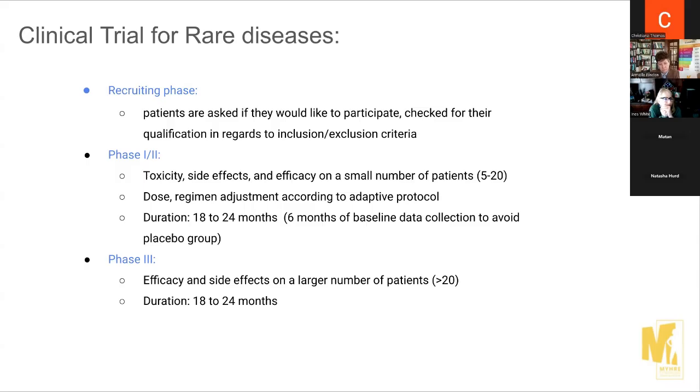The first thing to do is recruiting patients. So patients are asked if they would like to participate, and we check for their qualification in regards of inclusion-exclusion criteria. For example, if it's only for pediatric, we are not going to take a patient of 35 years old.